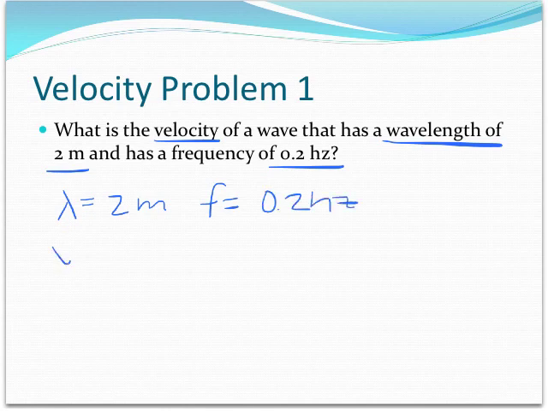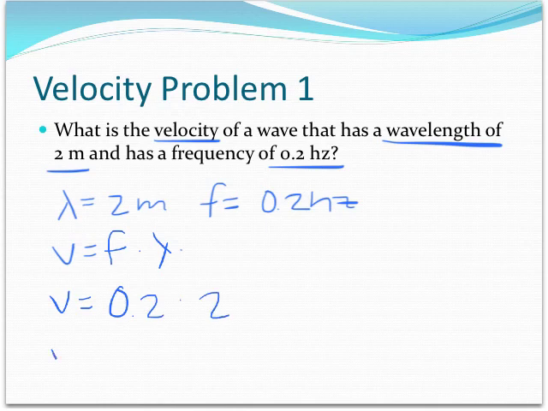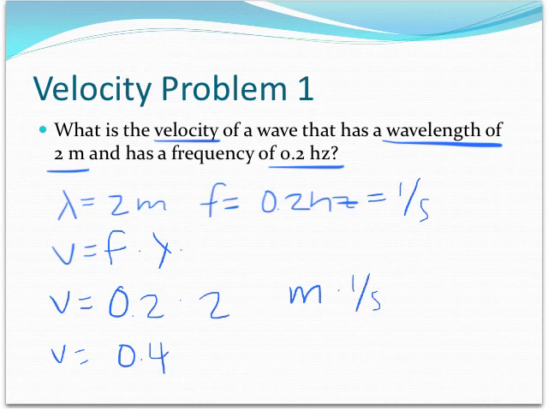We know that velocity equals frequency times lambda, so that's going to be 0.2 times 2, which is equal to 0.4. And then your units, remember, you're having a meter times a hertz. But remember, hertz is also 1 over a second, so meter times 1 over seconds. That actually gives you meters per second, okay?